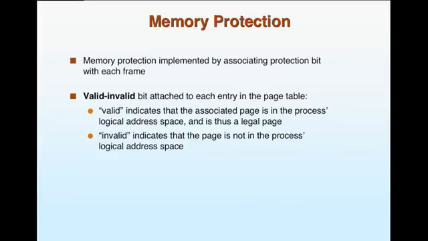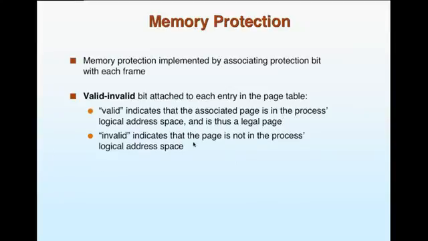And when we do that, we make a very sophisticated page table, because what we're setting is a valid or an invalid bit that's attached to the page table entry for each one of the pages that says, I'm currently being used, or I'm not being used by this process, I'm being used by another process, somebody else is using this bank, and I don't belong to this process. So valid basically indicates that the associated page is in the process's logical address space, and thus it's a legal page.